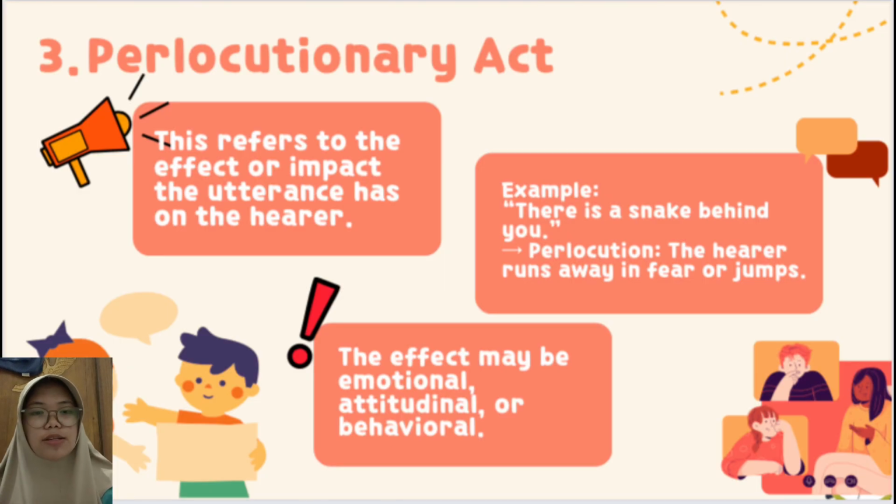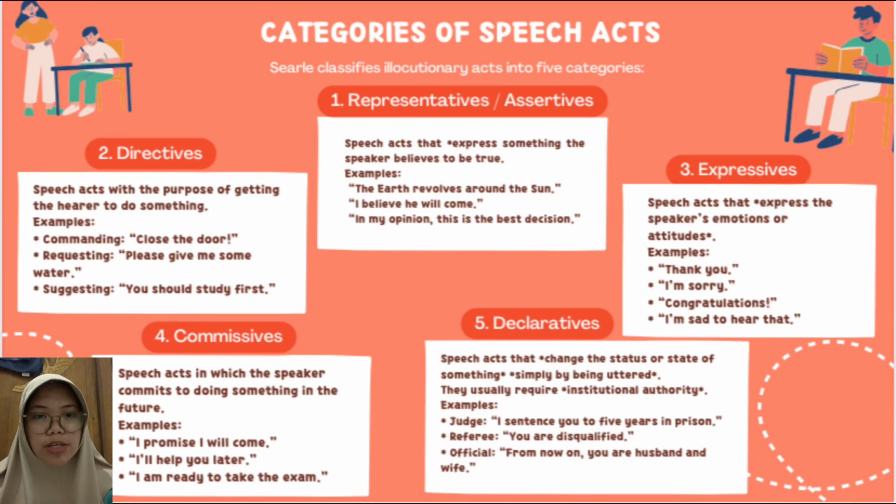Next are the categories of speech acts according to John Searle. He classifies illocutionary acts into five categories. The first is representative or assertive. These are speech acts that express something the speaker believes to be true.